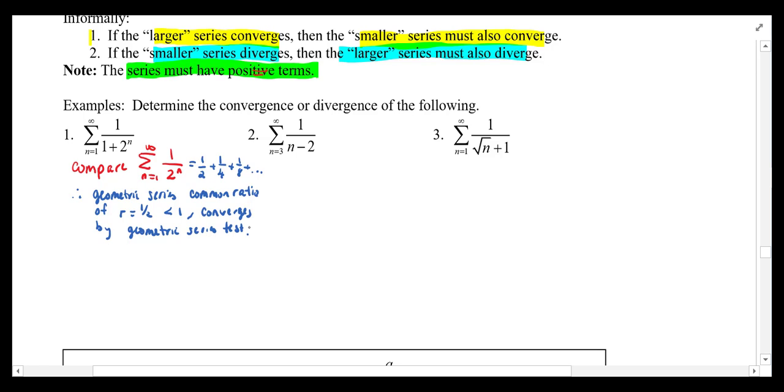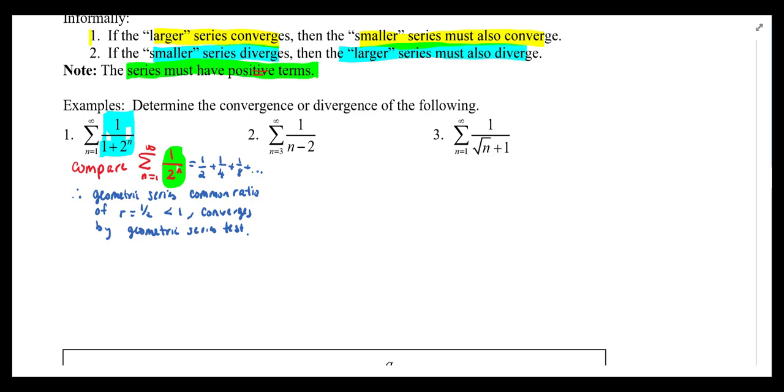Now the question is, is this the larger series or the smaller one? So once again, we're trying to compare this with that. Now notice the one in blue, the denominator is bigger, since I'm adding 1 to it compared to the green. So if the denominator is bigger, 1 over a bigger denominator is actually a smaller number.